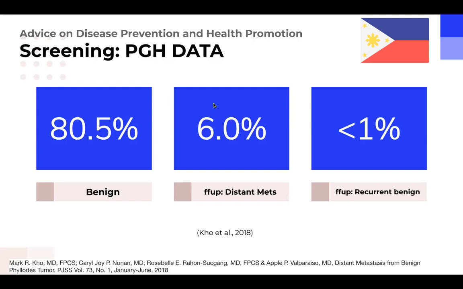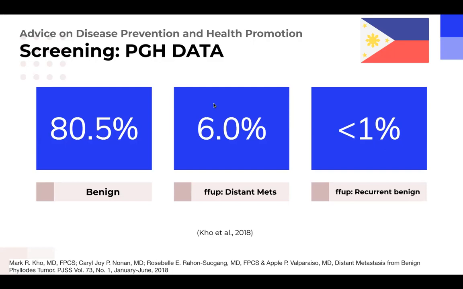Only 1% out of the 200 had recurrence. Only one case out of the 200. One case has a recurrence in terms of local recurrence. Yes, sir. But 6% has distant metastasis. Yes, sir. You sure of the data?